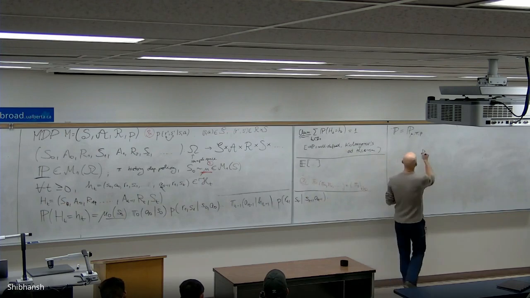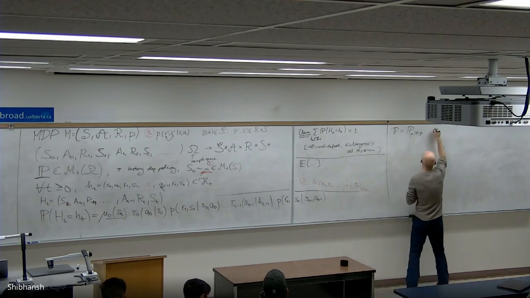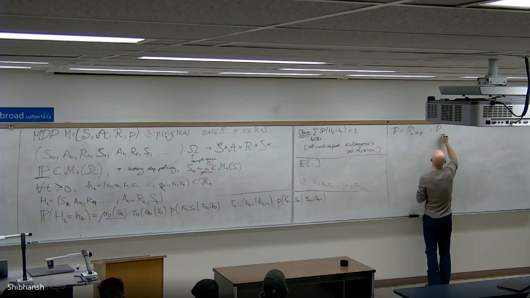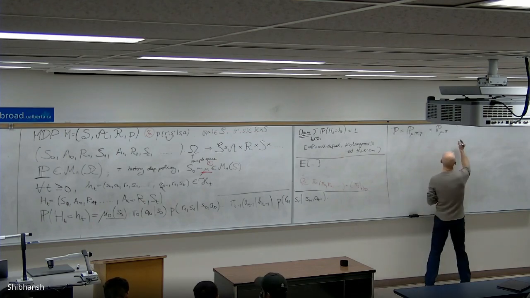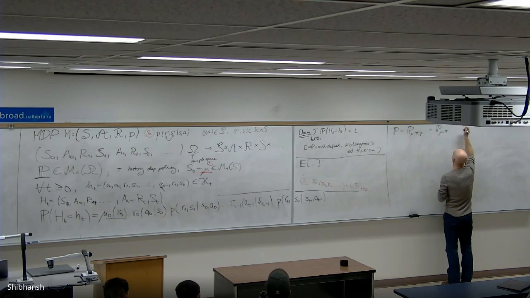If we want to emphasize this dependence on the initial distribution and the policy, then we write just P of mu and pi. And if mu is understood, then maybe just write P of pi.